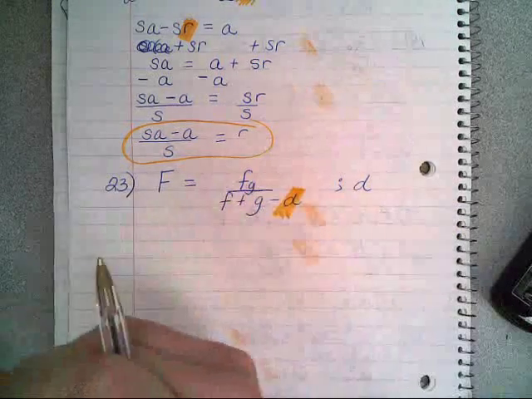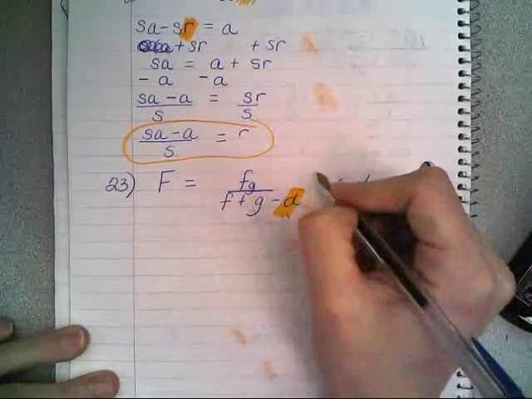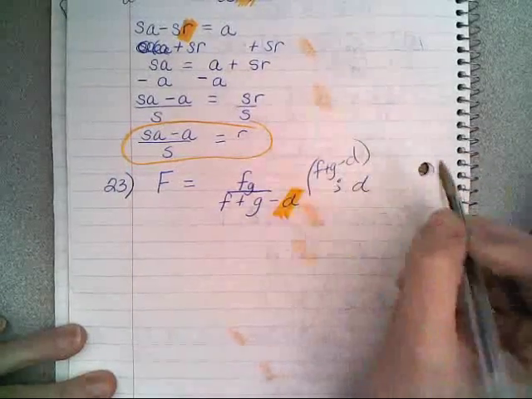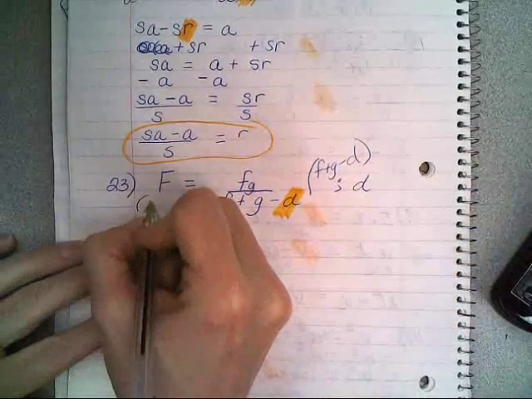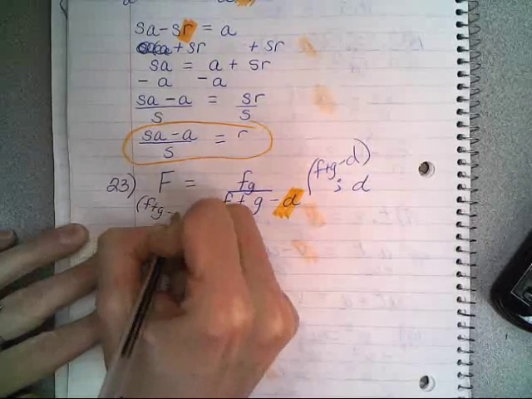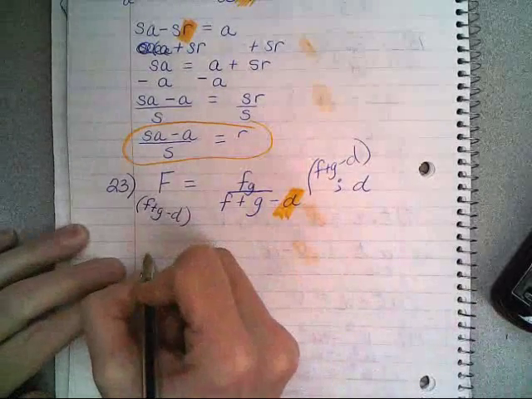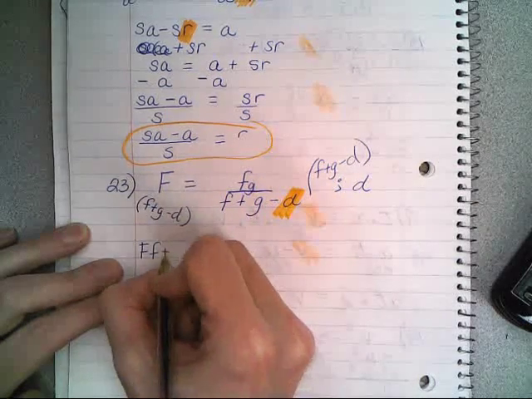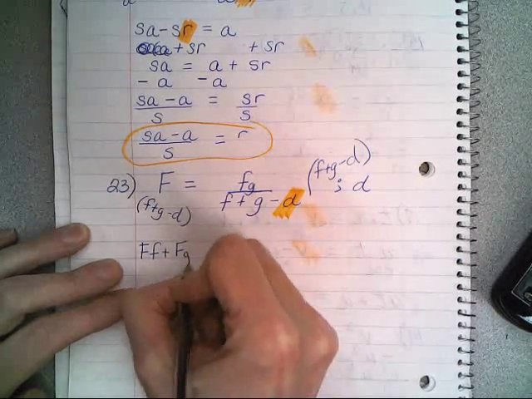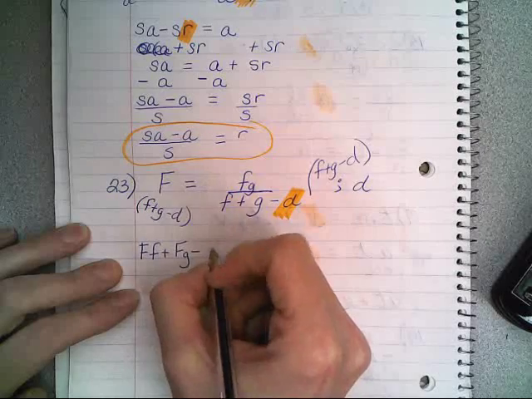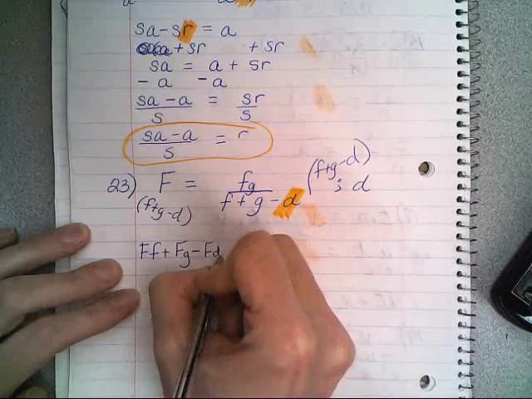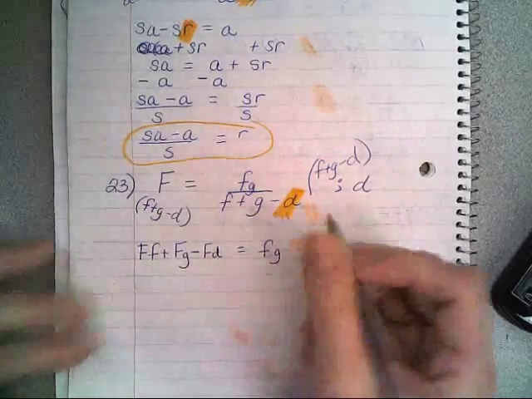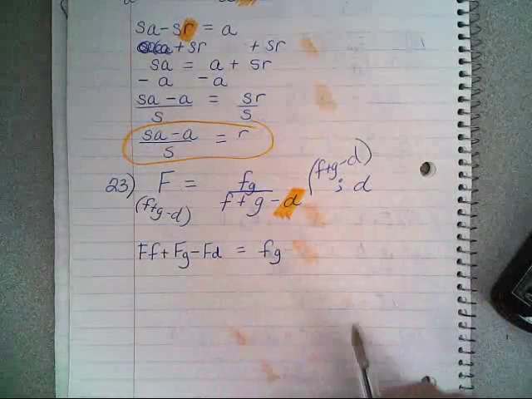Get this out from that denominator. So we're going to multiply by f plus g minus d here. And we're going to multiply over here, f plus g minus d over here, which is going to look like this. Ff plus fg minus fd equals, what's left on the right? fg, right? Little f, little g.